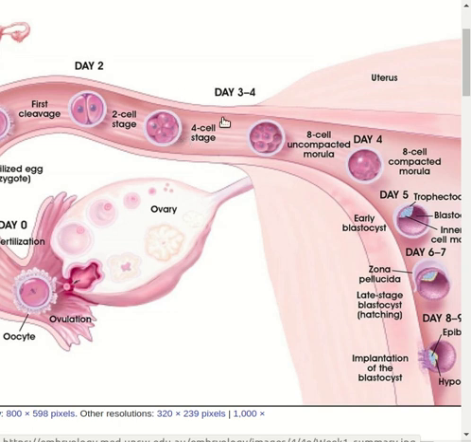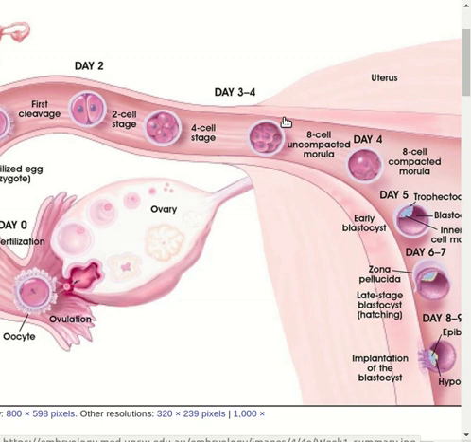The embryo at this stage is now called an 8-cell stage uncompacted morula. Only at the morula stage does the embryo begin to weigh more than at the 1-cell stage. So now it's going to get heavier.